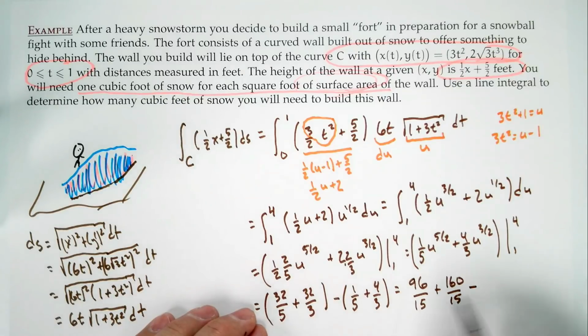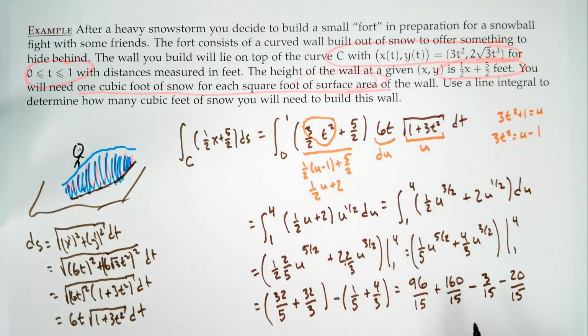Subtract 3 over 15, and subtract 20 over 15. So what do we get? Well, 96 plus 160, that would be 256. If I subtract 20, that would be 236, and if I subtract 3, that would be 233. Is that right? Yeah, 233 divided by 15.